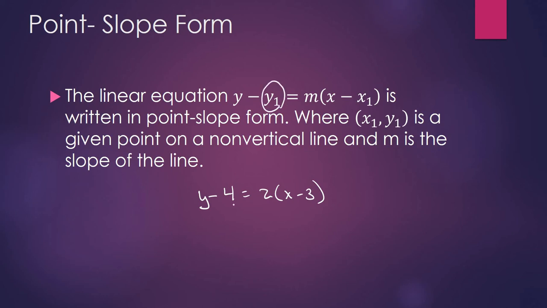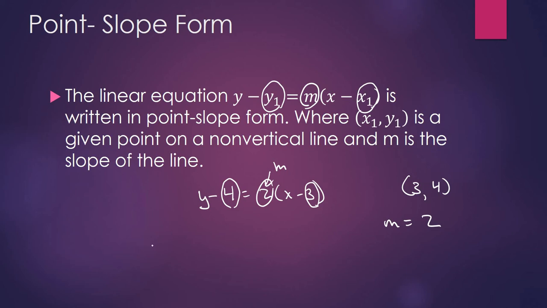Y sub 1 corresponds with this number, so the y value is 4. X sub 1 corresponds with this number, so the x value is 3, and m corresponds with this number, so therefore the slope is 2.